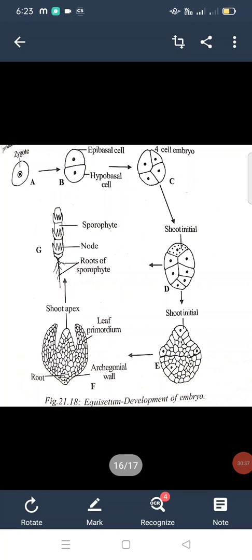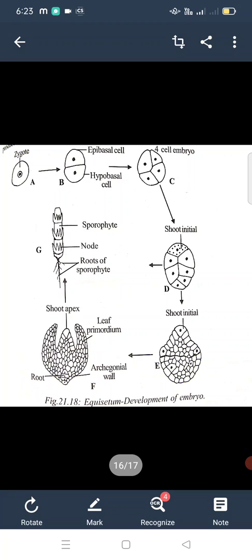So next, structure of embryo, or development of embryo. The zygote lies embedded in the venter of the archegonium. The zygote develops into an embryo and the embryo develops into a sporophyte plant. The zygote is a diploid cell. It divides transversely at right angles to the long axis of the archegonium, producing an epibasal cell and a hypobasal cell.